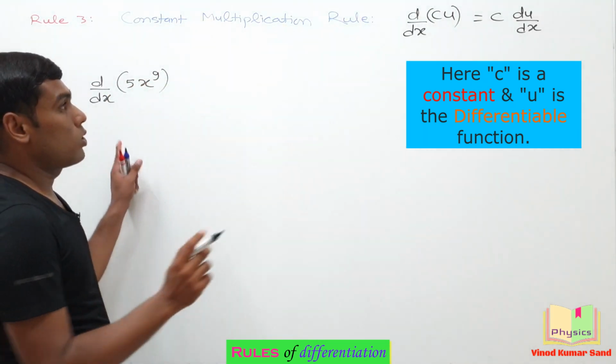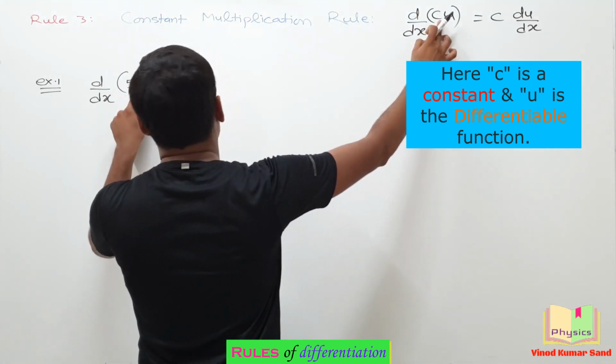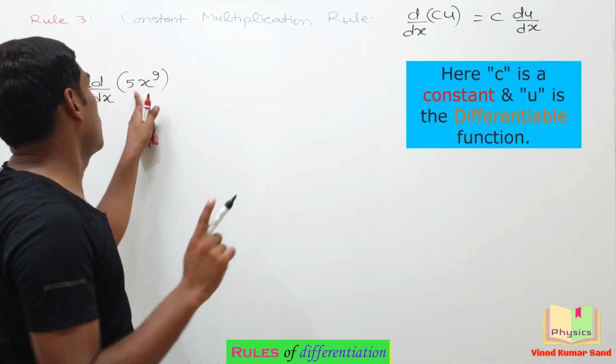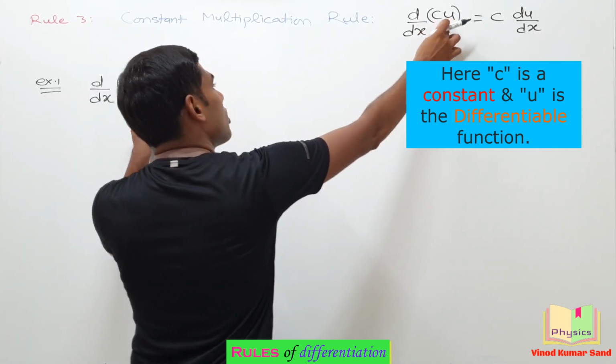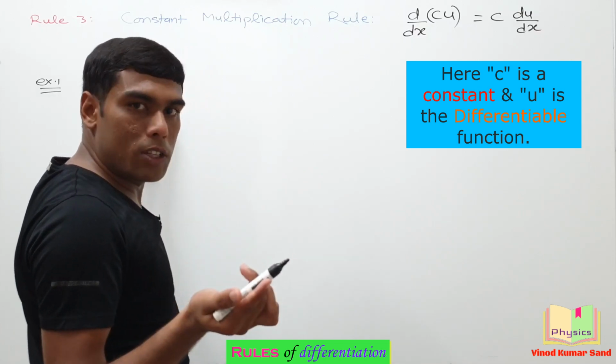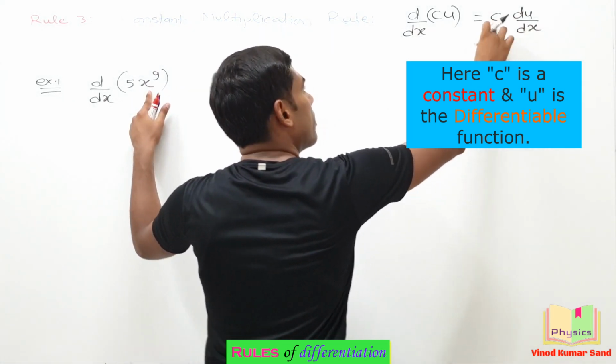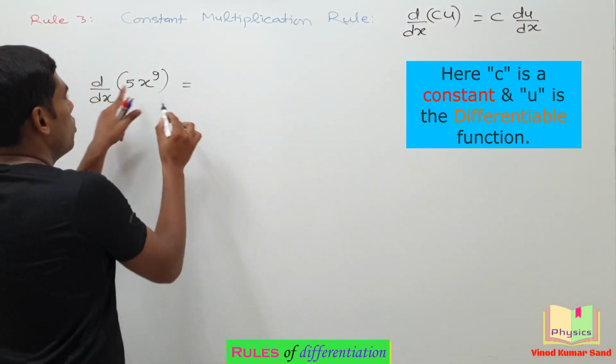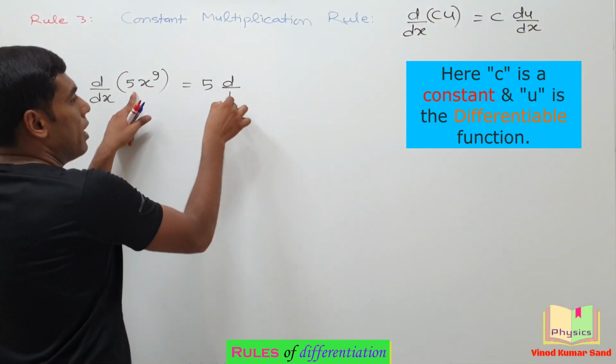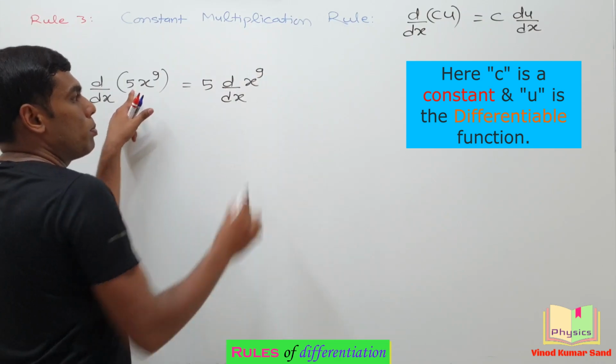You have such a question. Now compare the things. c is a constant, 5 is a constant, and u is a differentiable function. x to the power 9 is a differentiable function. Then the constant comes ahead, outside. So this should be written as 5 d by dx of x to the power 9.